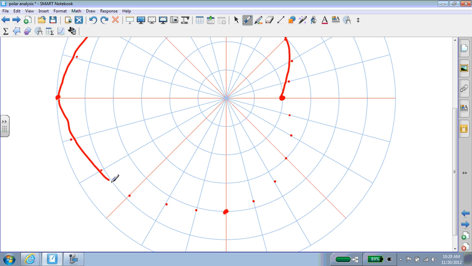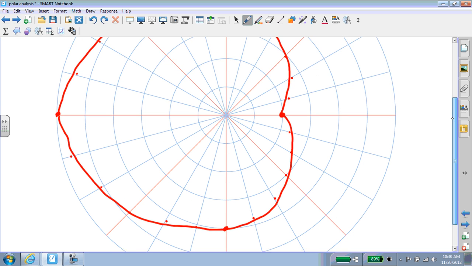So whoop, a steady hand is a good thing, and well-placed points are good. All right, so this is the shape.